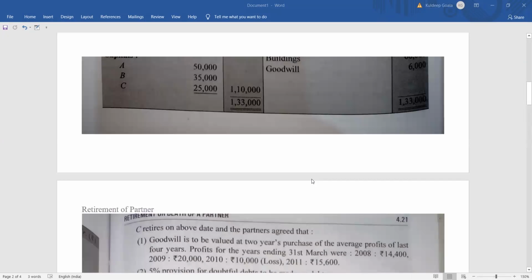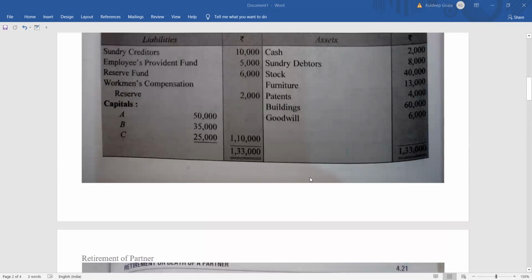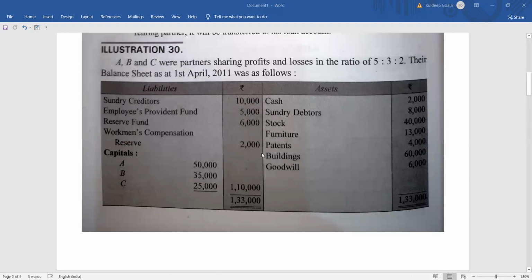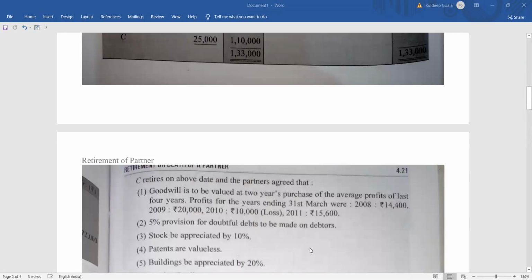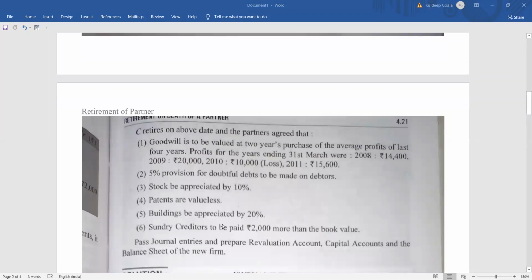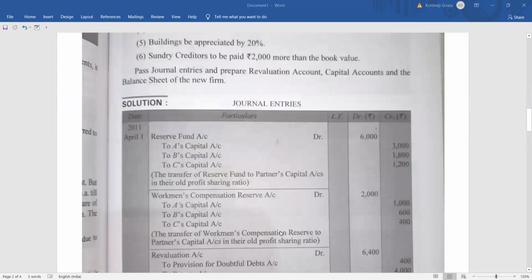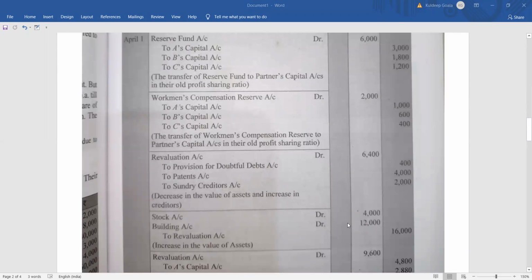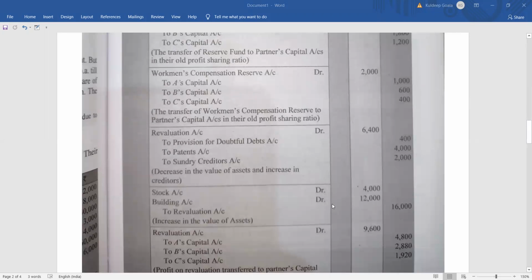The stock value is 40,000, so 10% will be 4,000, and the building value was 60,000 and it was appreciated 20%, so it will be 12,000. So the entry will be: stock account debit 4,000, building account debit 12,000, to revaluation account 16,000. Okay, clear? So this is the profit on revaluation, right?